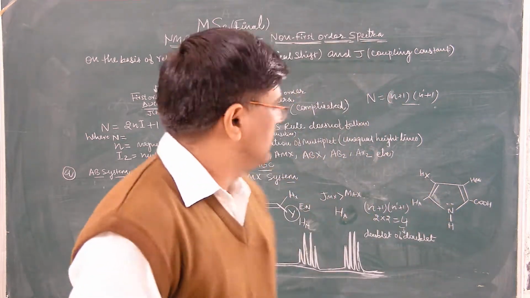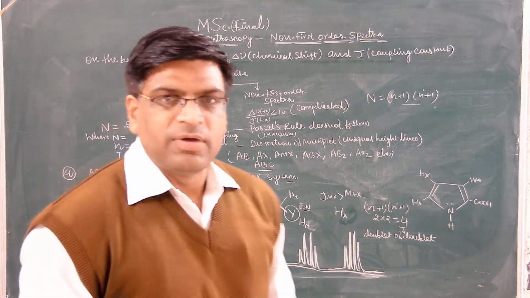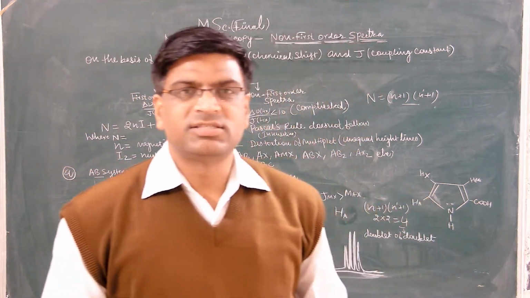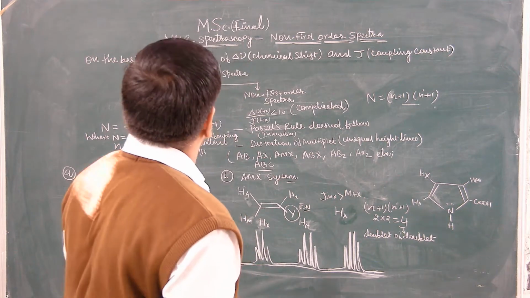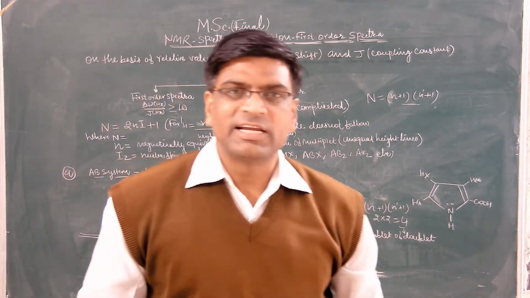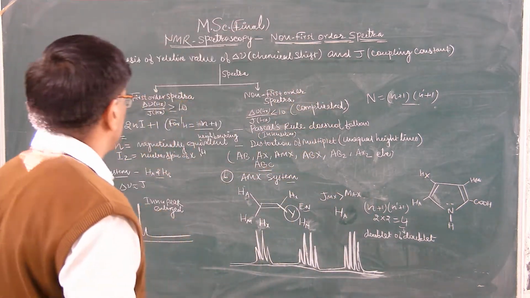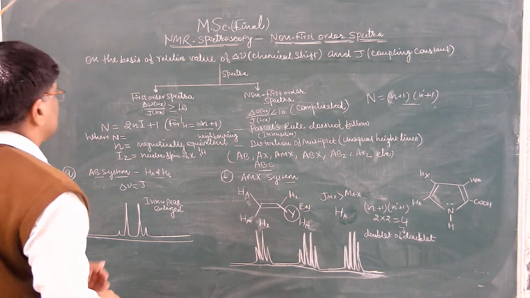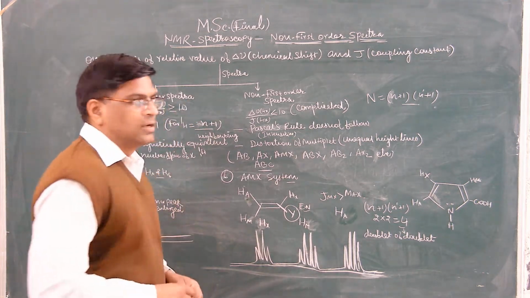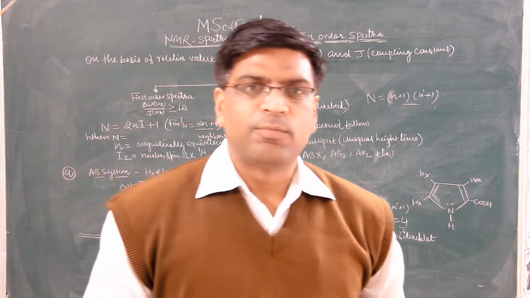Today we are going to discuss a very important topic, that is non-first order spectra or second order spectra. Do you know well that in NMR spectroscopy two things play a very important role.